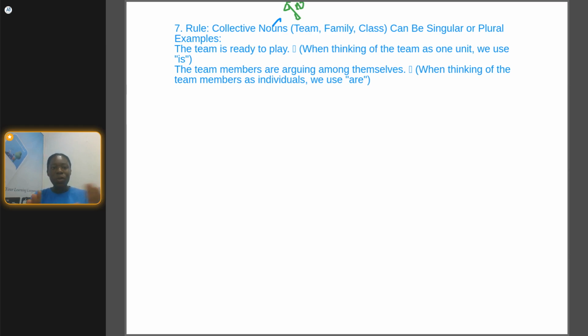Okay, so this is what we mean basically by subject verb agreement. We've just looked at the grammatical rules on subject verb agreement, and we have talked about 7 rules. We talked about the singular subject, singular verb rule, plural subject, plural verb rule. That's the basic rule.